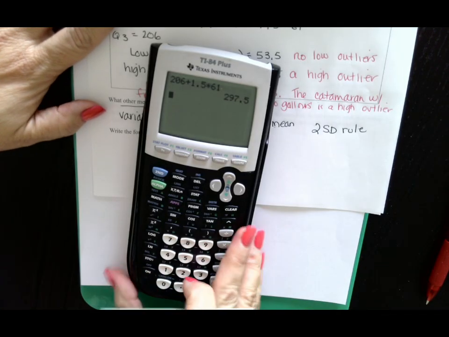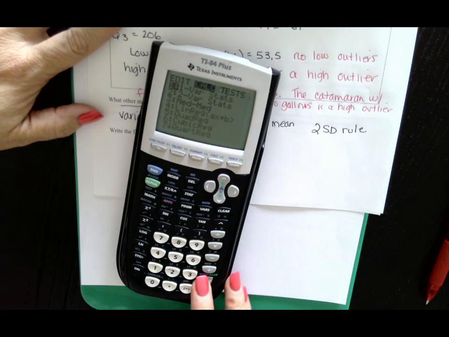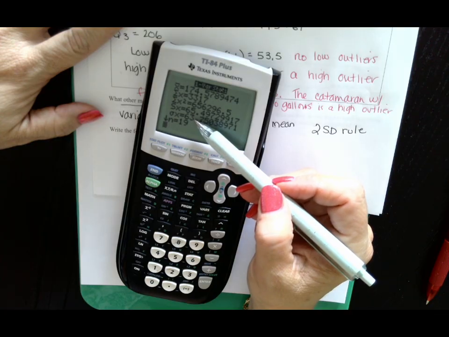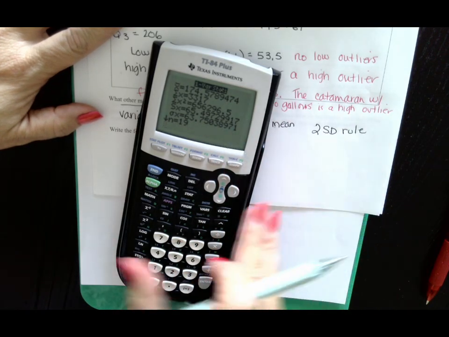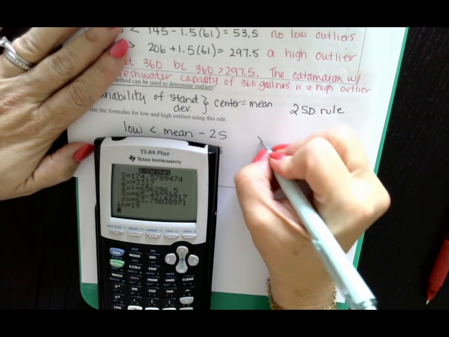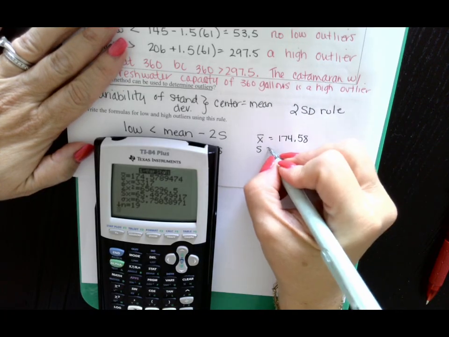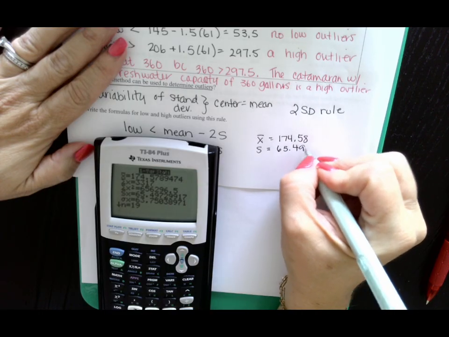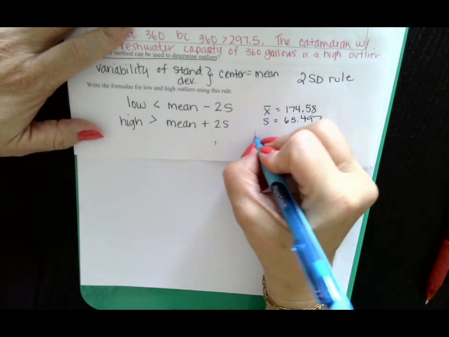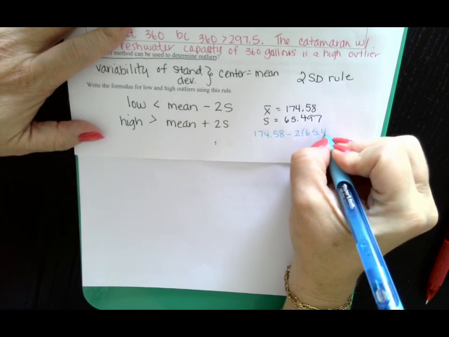So we know that we were using IQR on this top one, but if I go back over here and run my 1-var stats again, I have my standard deviation, which it gives me here as 65.497. And it gives me a mean on my x bar, which is 174.58. So if I plug these numbers in, I would have my mean, 174.58, minus 2 times 65.497.